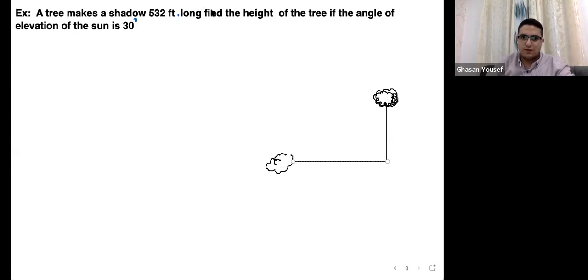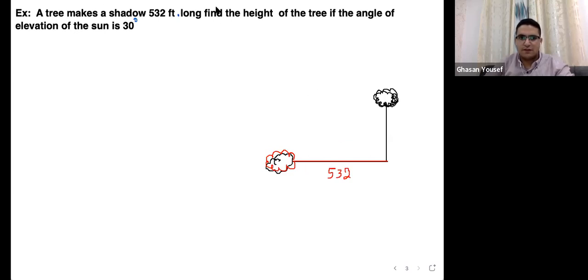This is the shadow of the tree. So the length of this shadow is 532 feet, made by the sun.